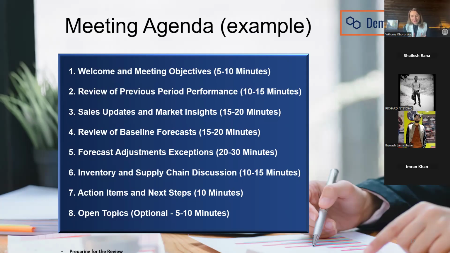So it is a very good place to share the information, to make the people informed and aligned. And then that's the time to finish the meeting. So it's about what actions need to be planned, what the next steps are, and then the open topics or questions.